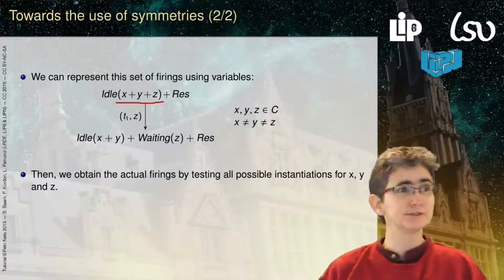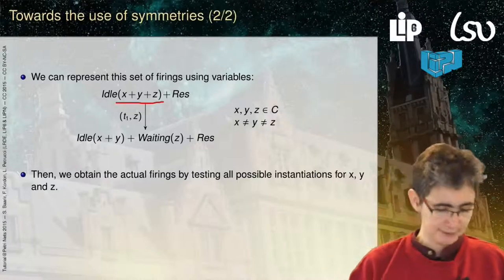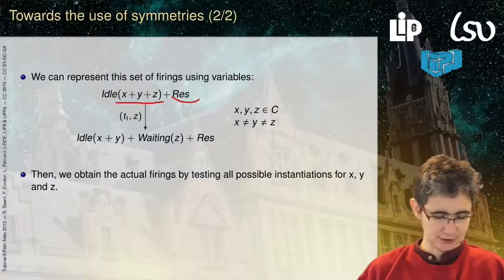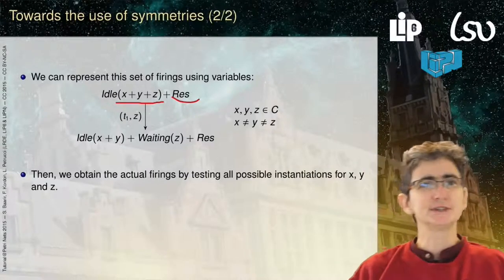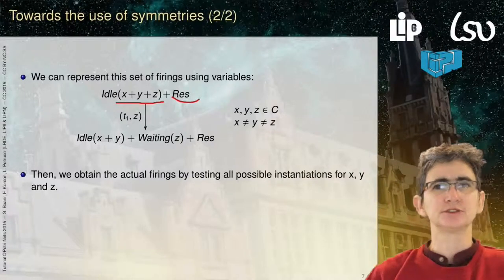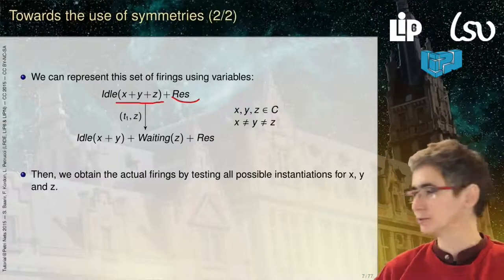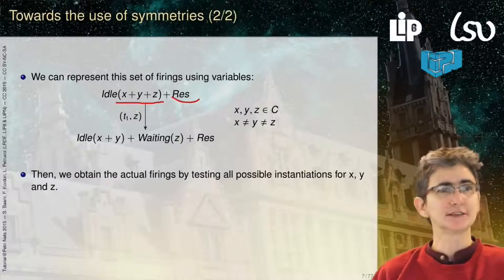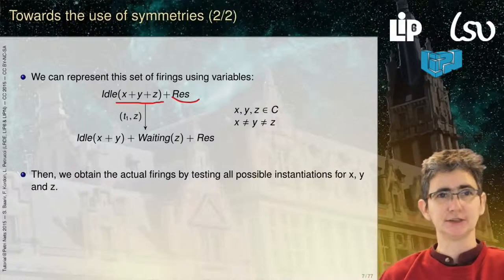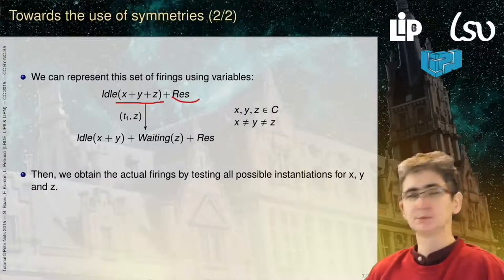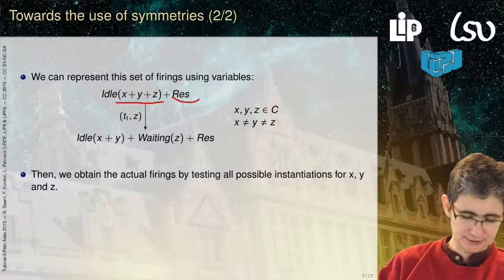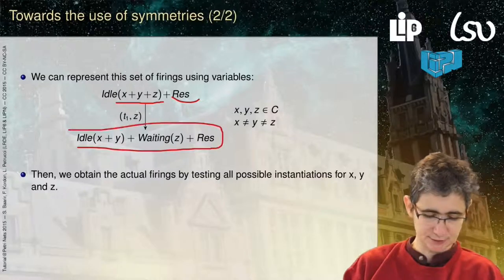There are just three of them that are in idle, and we have the resource place that is also in the initial marking. Then from such a marking, we can fire transition T1 with one of the variables, for example z, and we obtain x and y still remaining in idle, and z going to place waiting, and the resource res still there. So that gives this new marking.